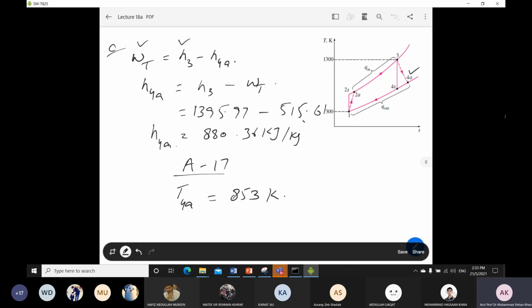Your actual value is closer to the variable specific heat result calculated from the enthalpy. So these are two different things. Either it is mentioned in your question that you have to use the variable specific heat, or that you have to use the cold air standard assumption. But definitely there will be a difference in your answers for the two cases.